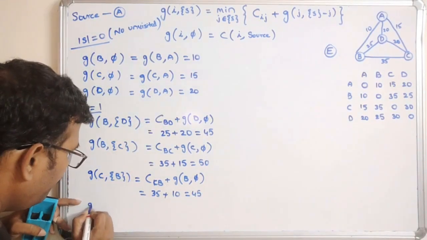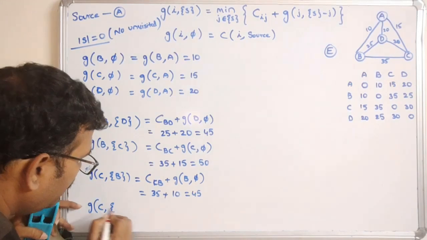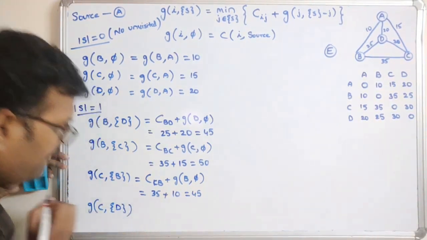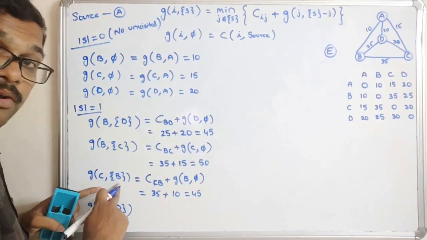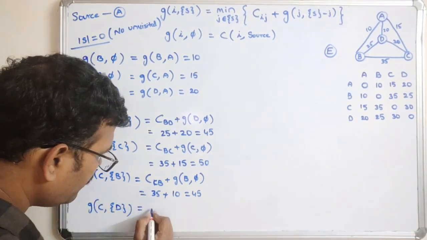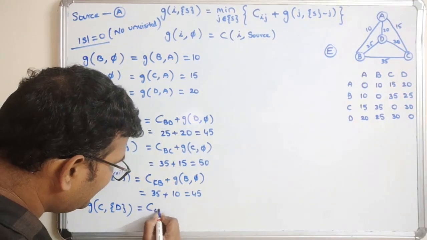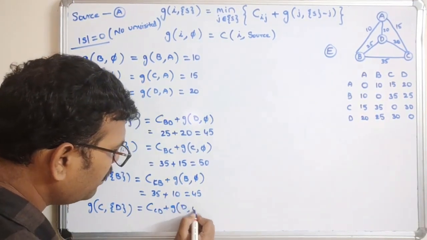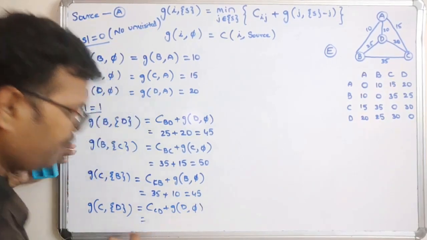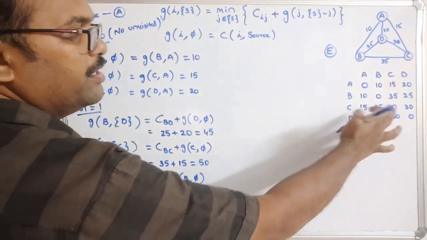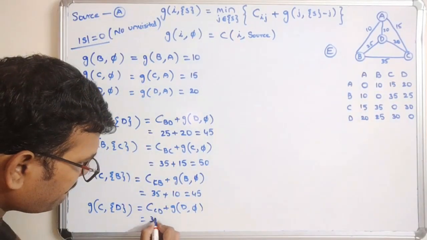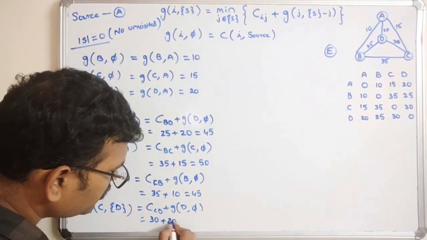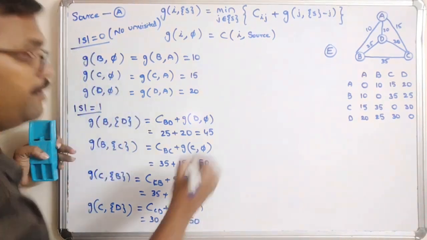And similarly from C there might be an edge to D. Okay, C to B. Okay, now C to D. Cost of CD plus G of D comma phi. So cost of C to D is 30 plus D phi 20, which is 50.